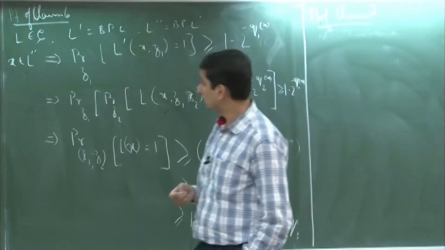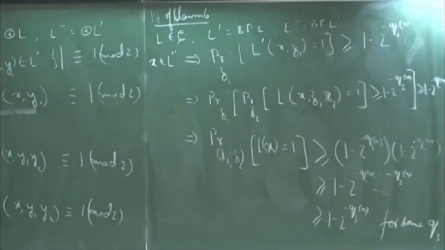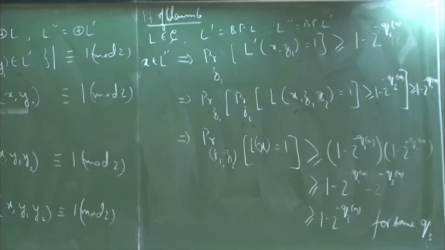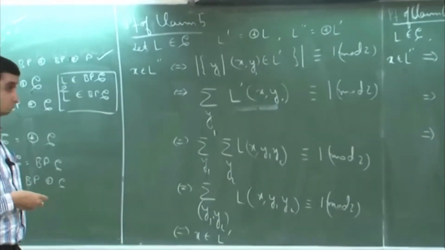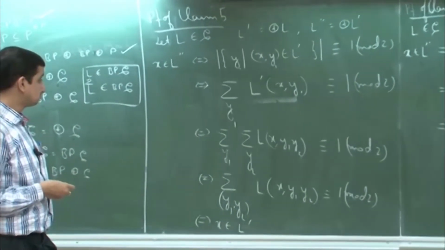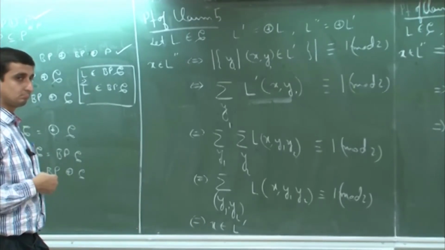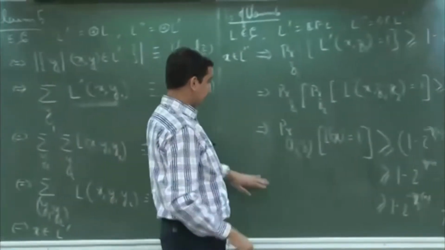x belongs to L double prime implies this thing, so x belongs to L prime. Why is it not x belongs to L? Because that is the definition.